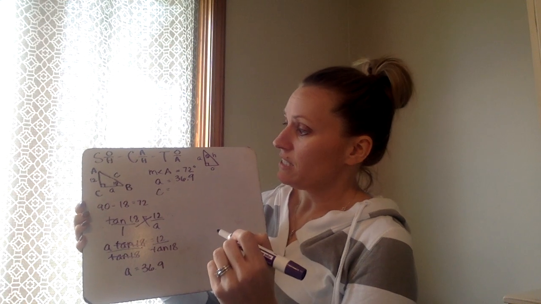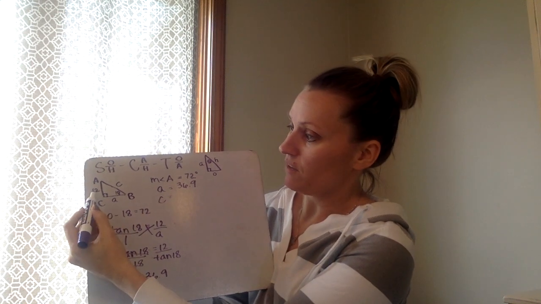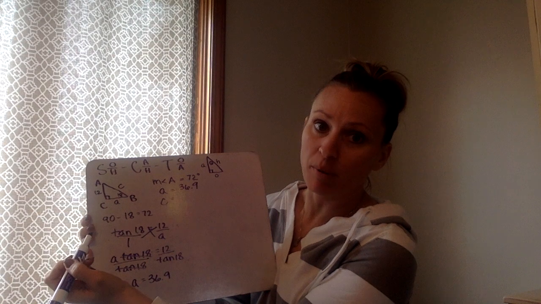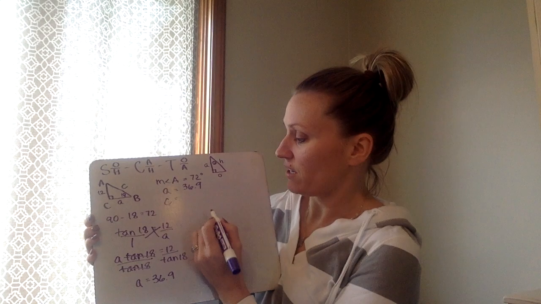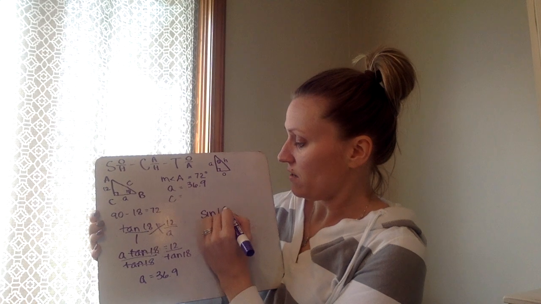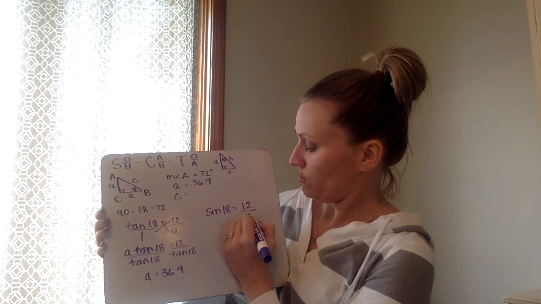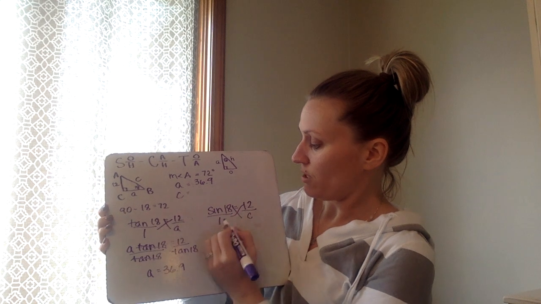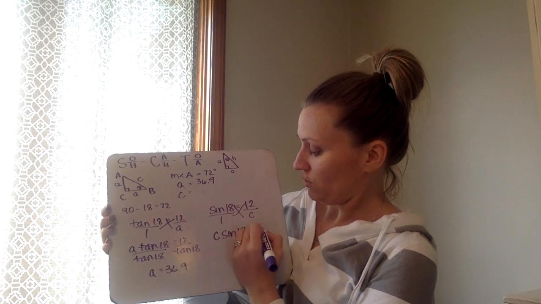And now I need to find C. If I want to still just use that 18-degree angle, opposite of 18 is 12, but C is now the hypotenuse. So I have opposite and hypotenuse, which means I need to use the sine function. The sine of 18 is opposite, which is 12, over hypotenuse, which is my C. Then I cross multiply again, and I have C sine of 18 is equal to 12.